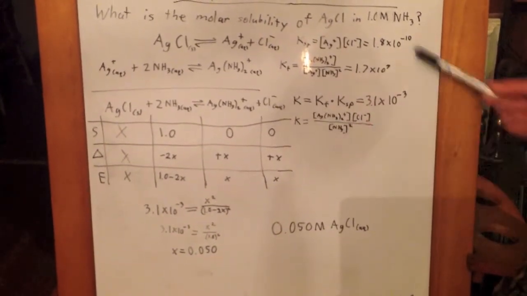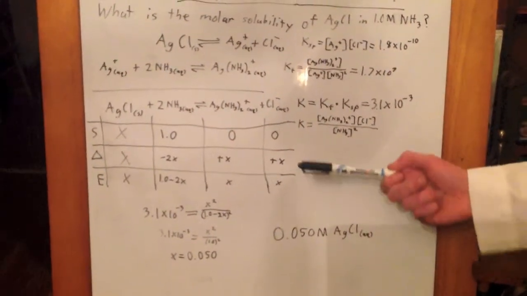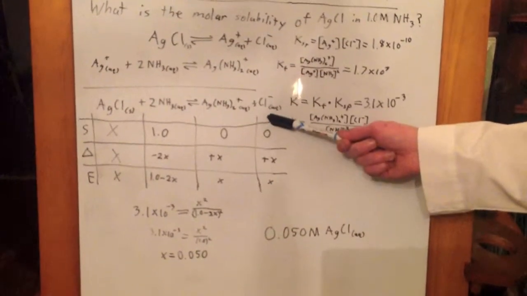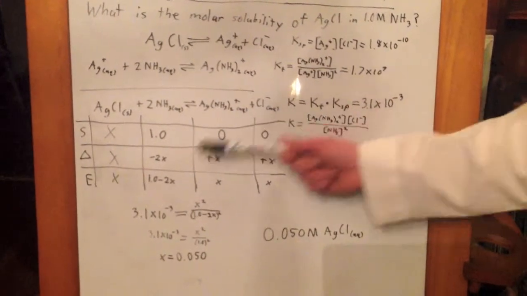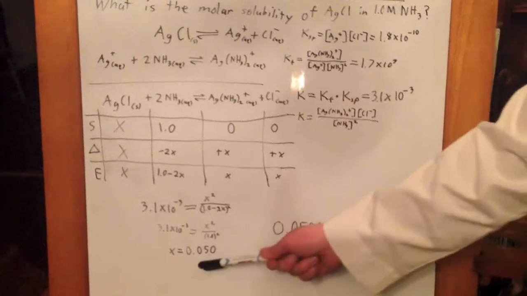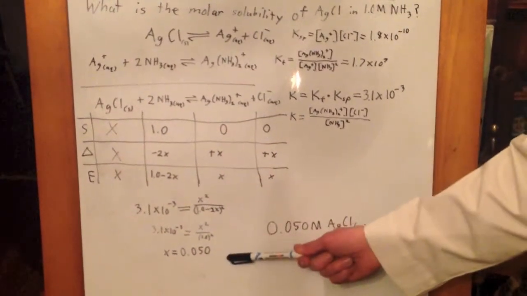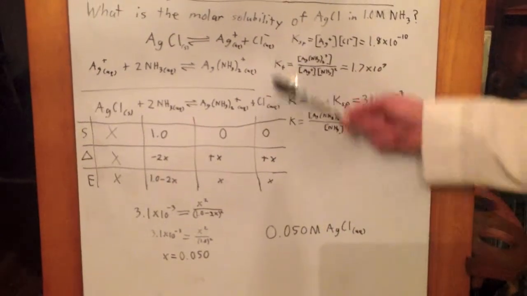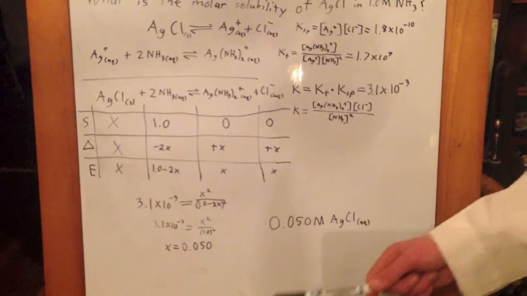Now that we have our K value, we can do a start-change-equilibrium chart to calculate the molarity of the chloride ions at equilibrium. Once we solve for X, which is 0.050, we can plug that in for the equilibrium value of the chloride ions.